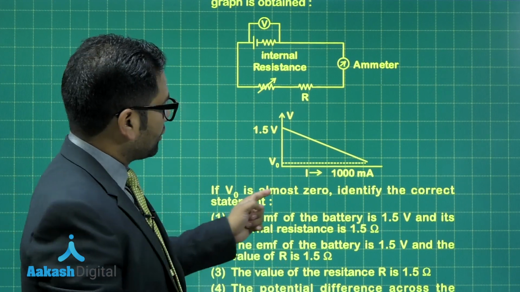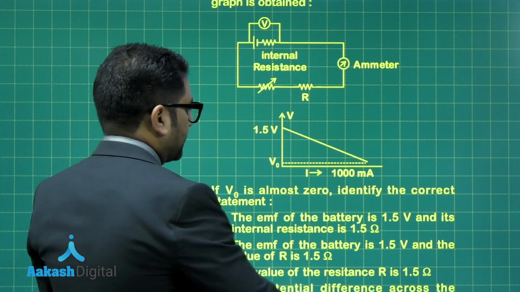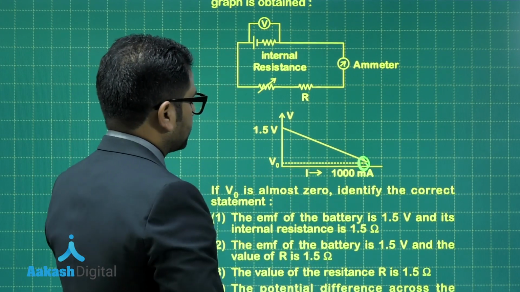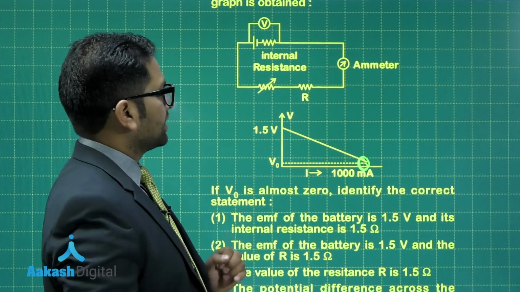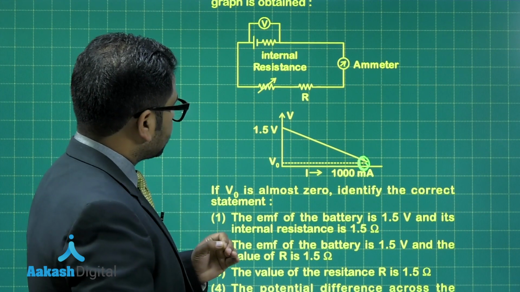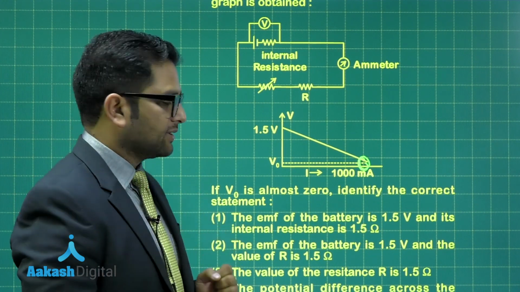And it says that V0, the final one, is almost equal to 0. That means when the current is 1000 milliampere, the reading of the voltmeter is almost equal to 0. On the basis of this data, we need to calculate the EMF and the internal resistance.